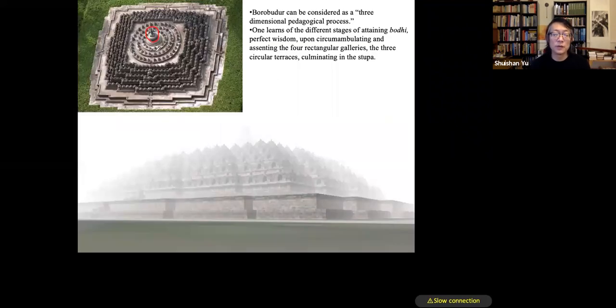Just point out here, the upper levels are all just a stupa, but inside each stupa, there is a Buddha statue. And then the axis itself is a bigger stupa.